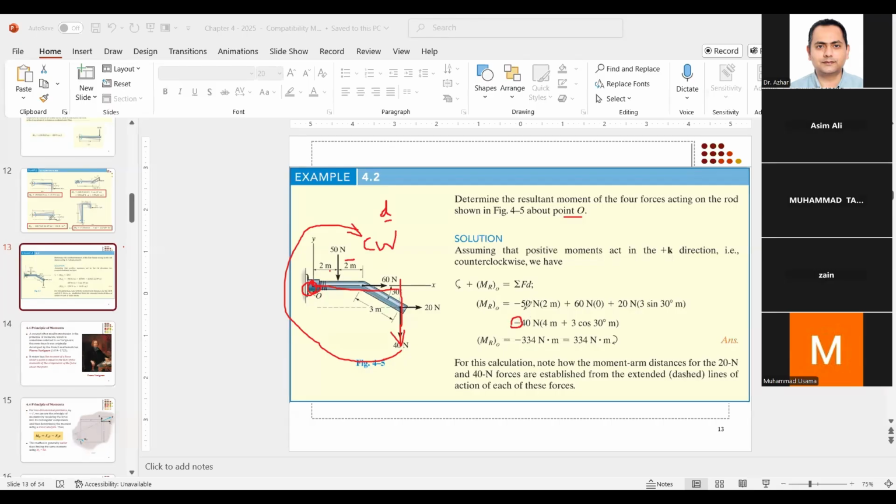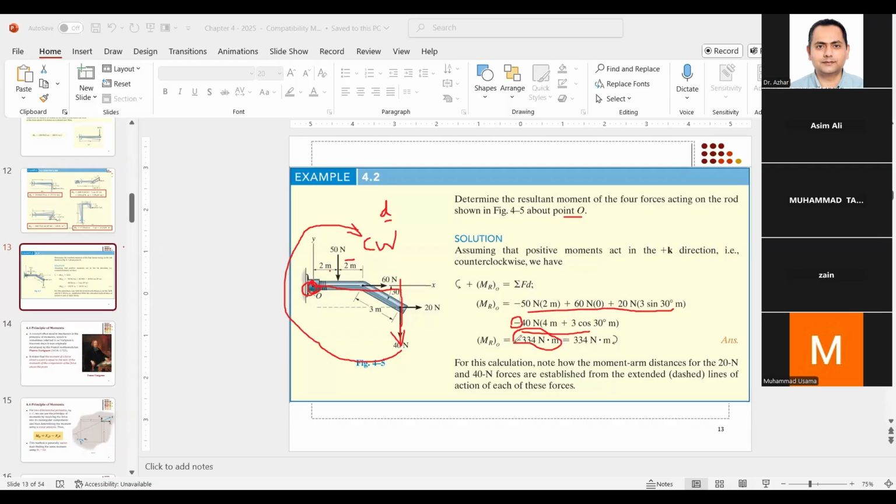Okay, so you simply add all of these algebraically, and you will get an answer of minus 334 Newton meter.